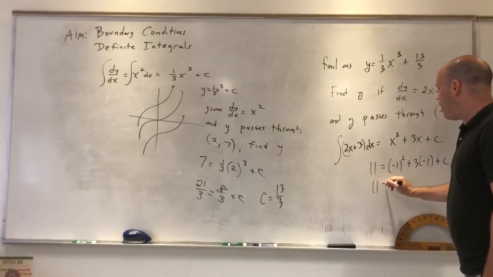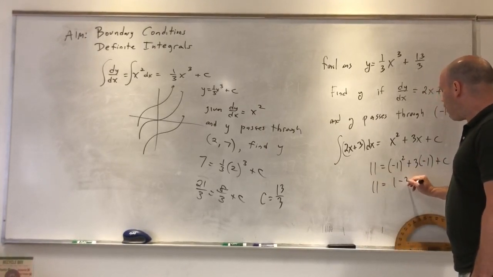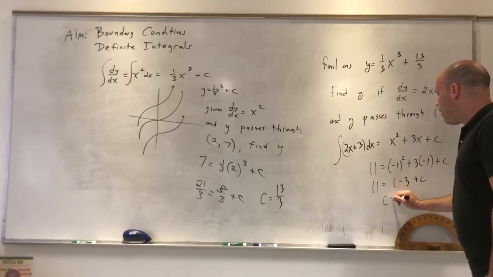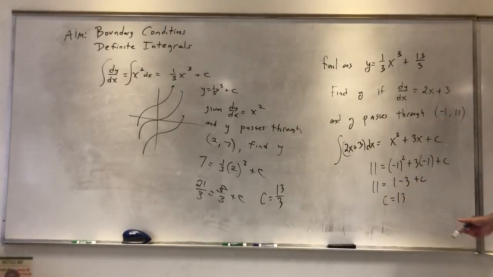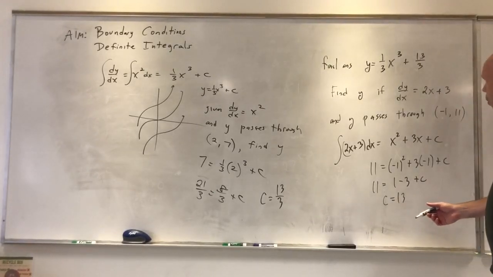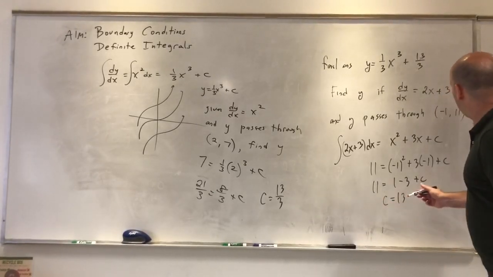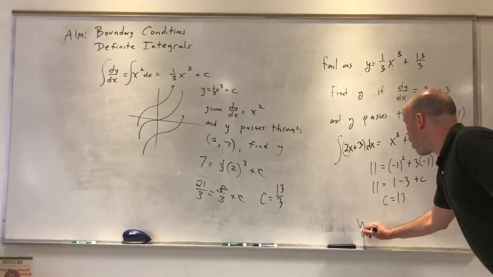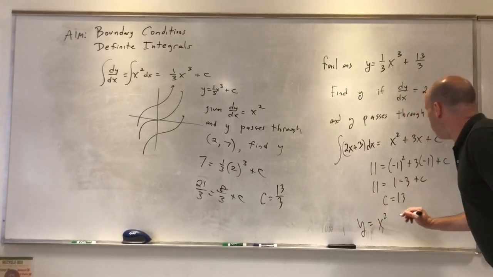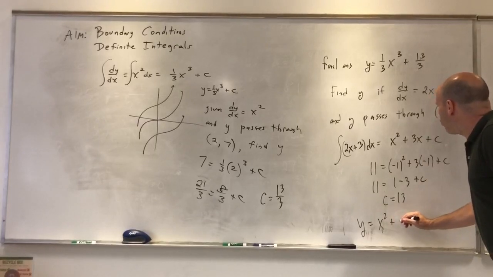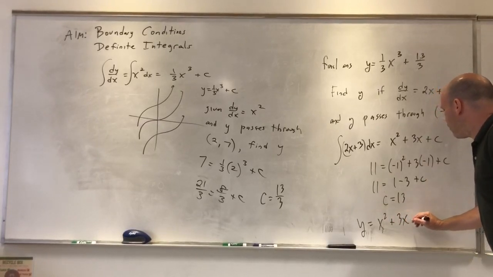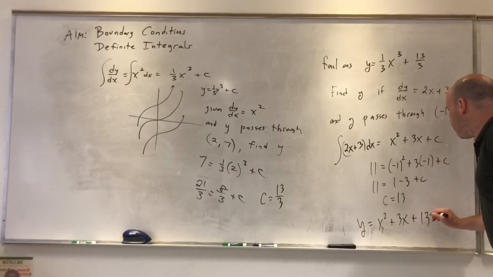Let's see, 11 equals 1 minus 3 plus c. c equals 13. Final answer, y is equal to x squared plus 3x plus 13.